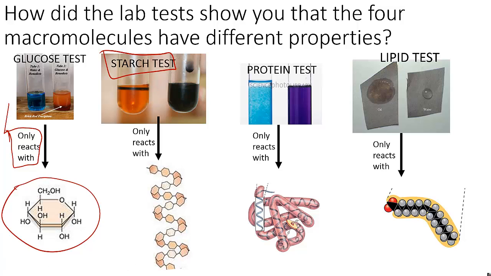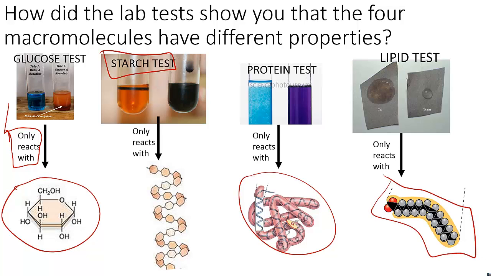The protein would only turn purple if there was protein there. And the lipids would only leave a stain if it has fats inside of it. So each of the macromolecules have different properties, and we can use those properties to help us test to find them. Because if they were all the same, we couldn't tell them apart. But because they're different, we can use different tests on them.